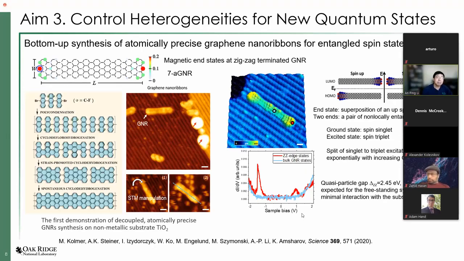In this material, the width is very well defined, and the end states are also atomically precise. In this particular case, each end is a superposition of spin up and spin down, and these two ends of the graphene nanoribbon give us a pair of non-locally entangled spin states.